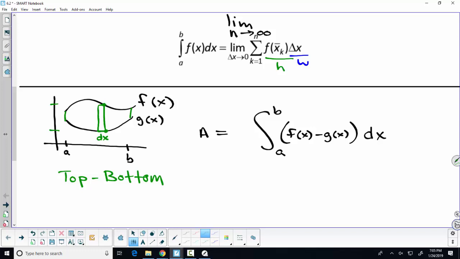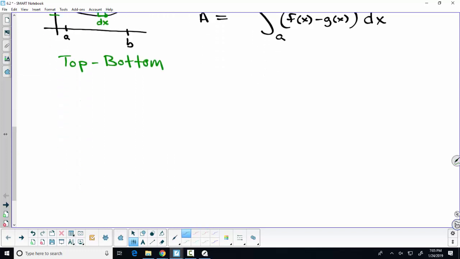So we start looking at volumes, where we have to look at cross-sectional areas, and it matters how we orient these things, top minus bottom, versus a scenario where maybe we have two functions of y.